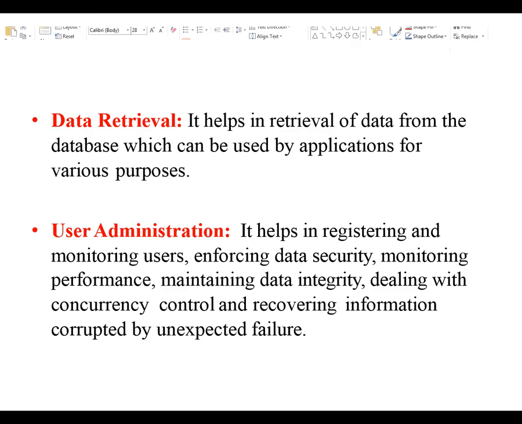We can call it the data from the database which can be used by the application for various purposes. That is data retrieval. It means you have to access or retrieve that data from the database system into a particular GUI. So that is data retrieval.